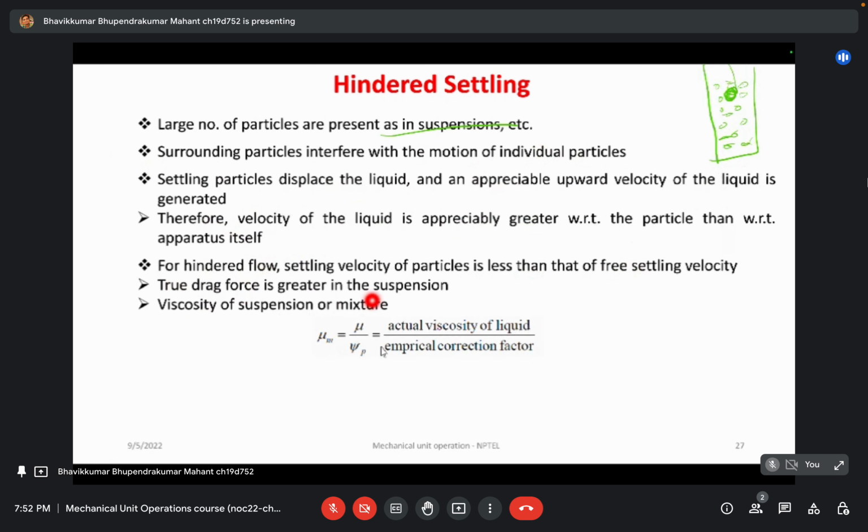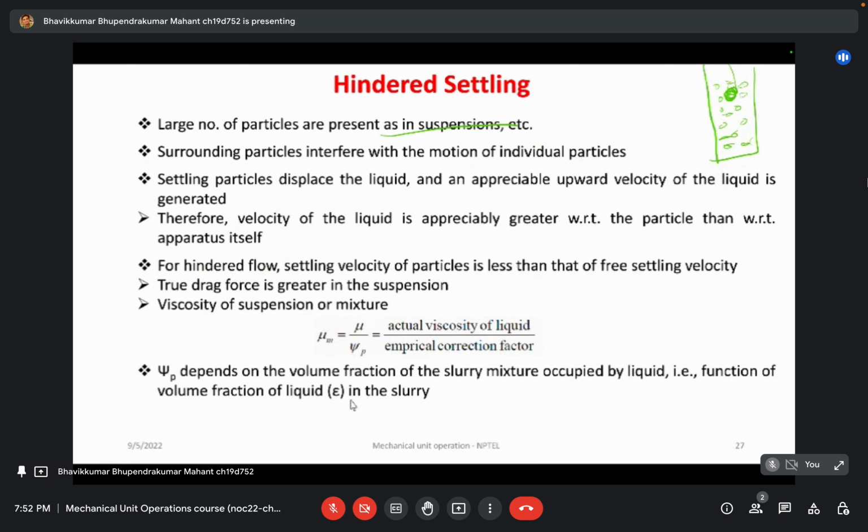The drag force is greater in the suspension. For the viscosity of the suspension or mixture, you can consider that the value is the actual viscosity divided by an empirical correction factor. Here the empirical correction factor depends on the volume fraction of liquid in the slurry.